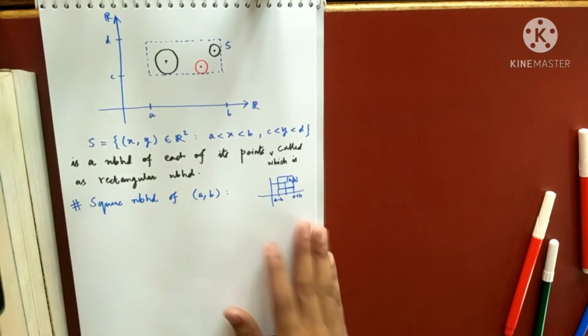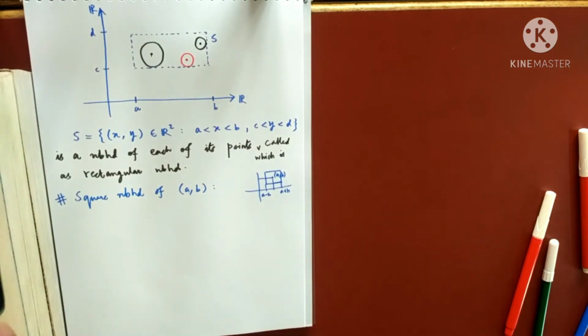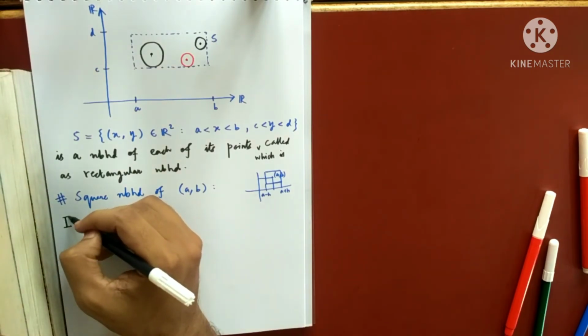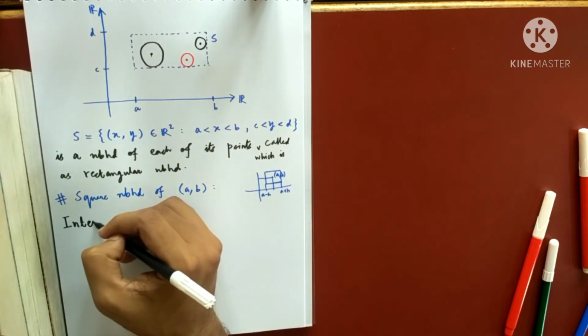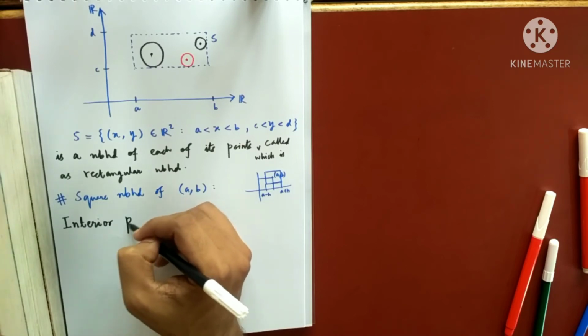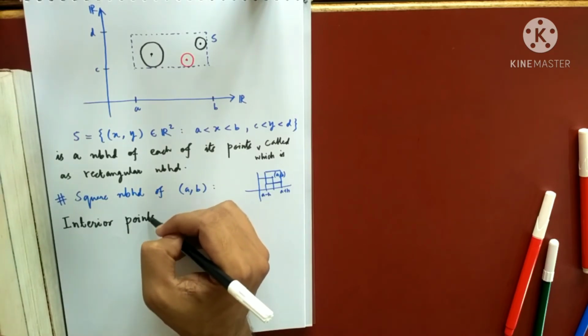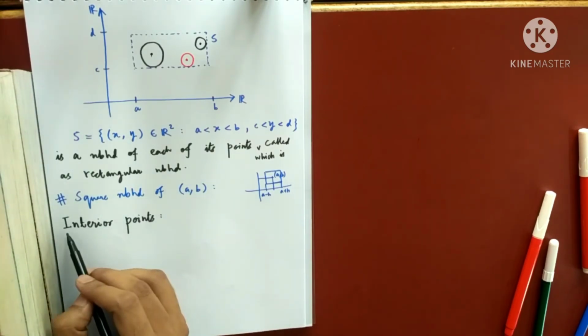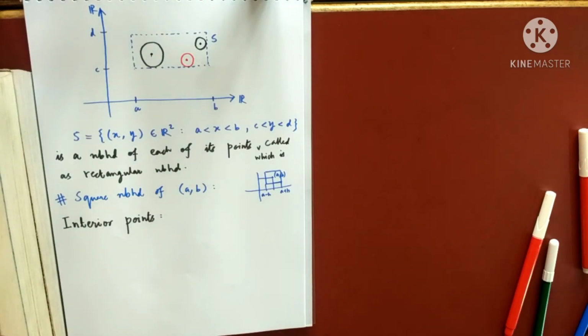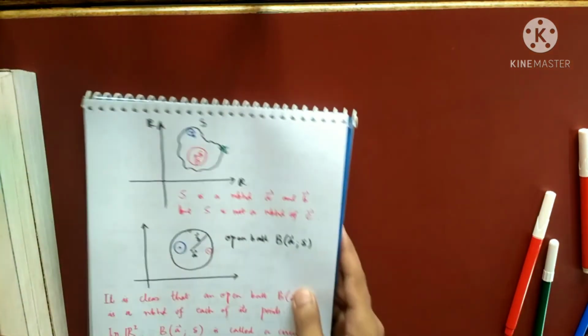So let me talk about what I mean by interior points. Again you have done this in analysis. You have done it only for R. Now we will do it for R2, R3, R4, etc. Now you see here what I have done.